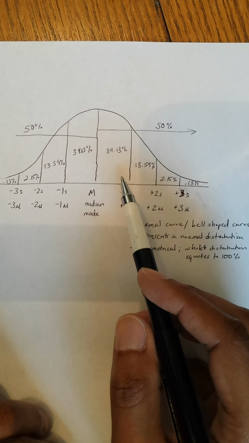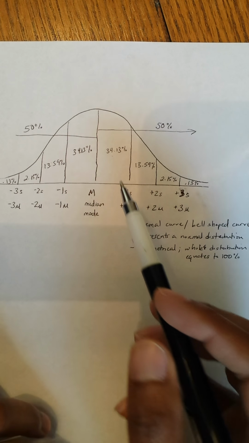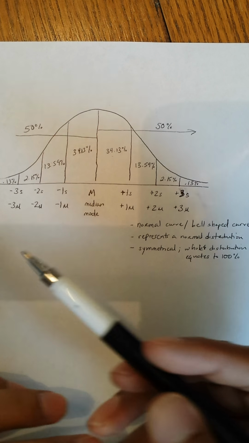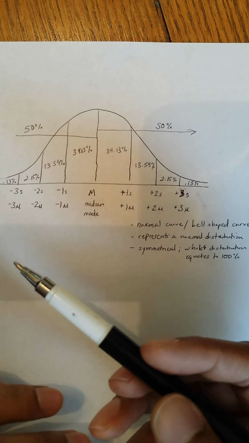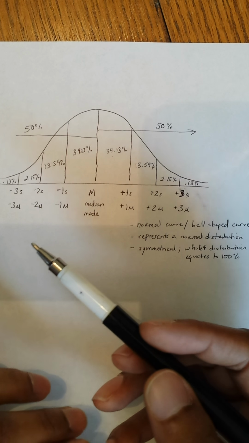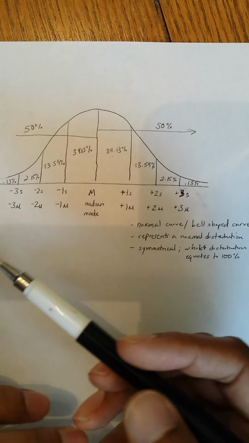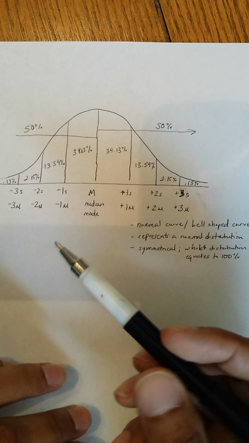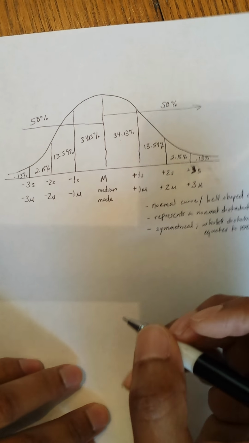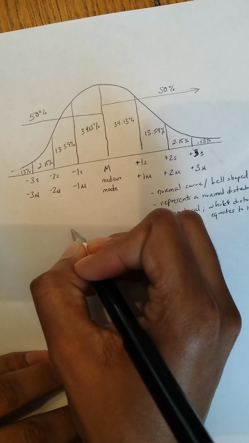Okay. So how this relates to z-scores is this way. When we transform a raw score into a z-score, it is nothing but a standard deviation.